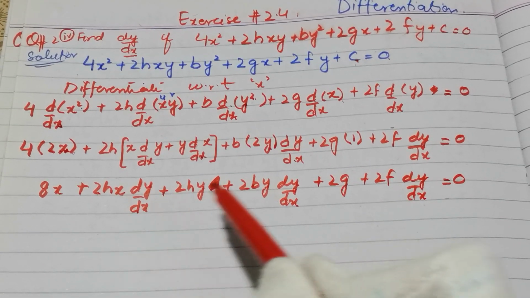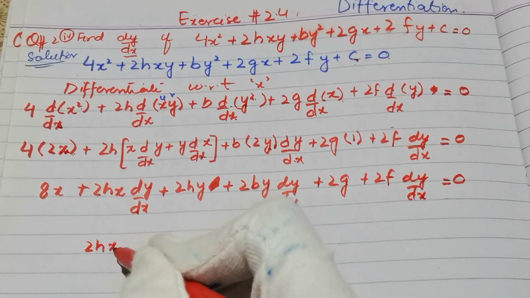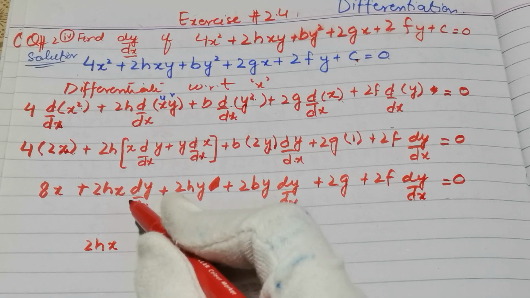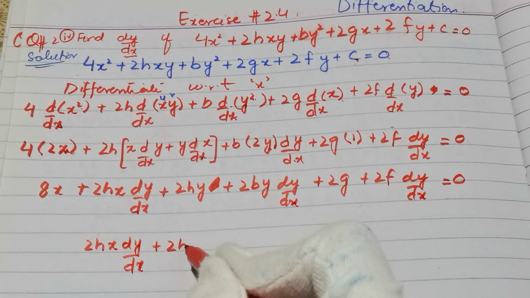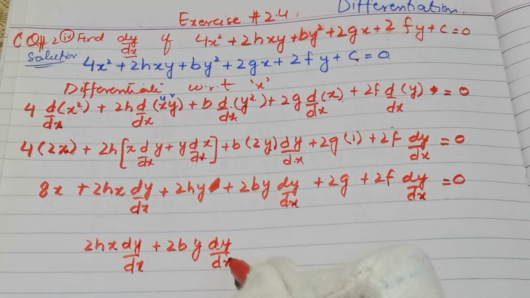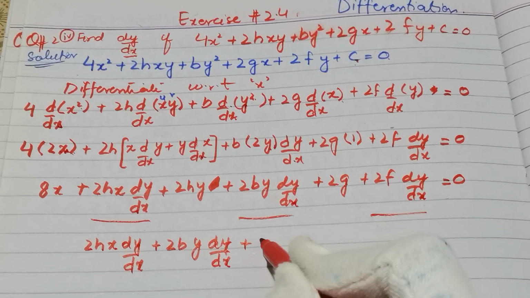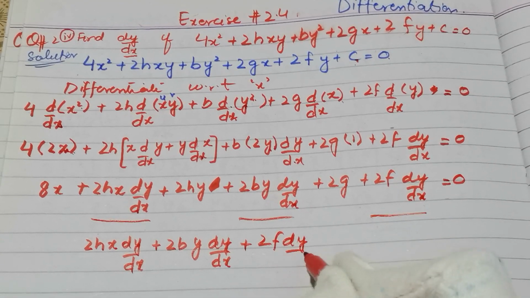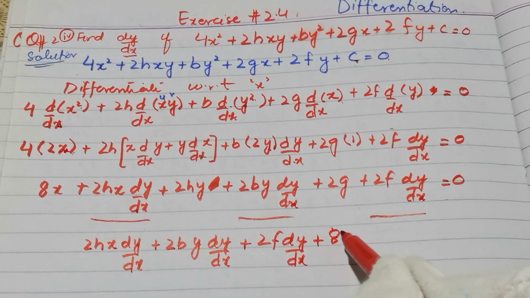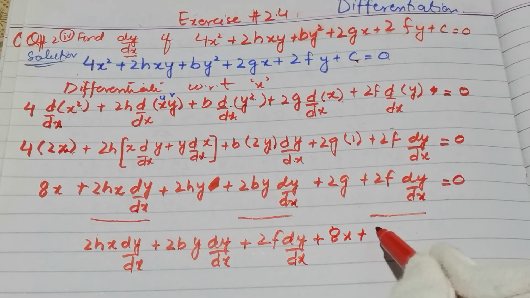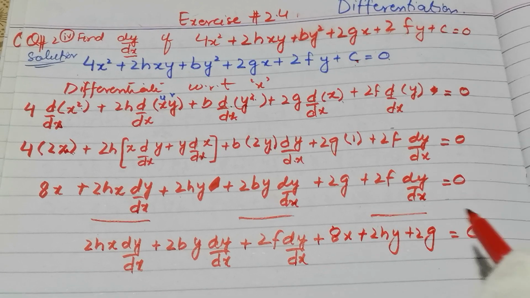Now we will combine the dy by dx terms: 2hx dy by dx plus 2by dy by dx, this term and this term, plus 2f dy by dx, plus 8x plus 2hy plus 2g equal to 0.